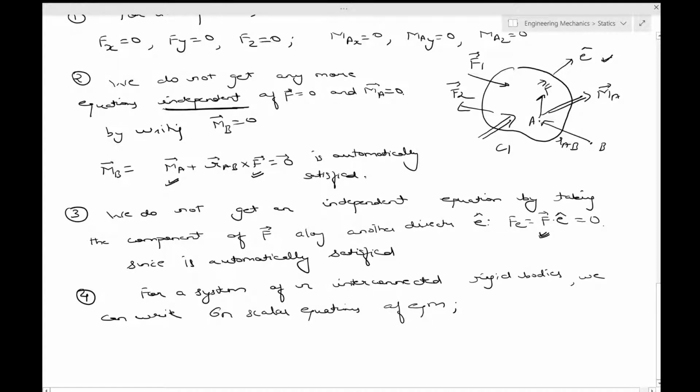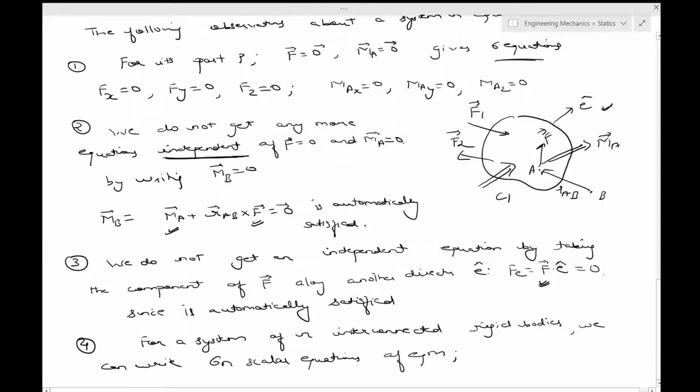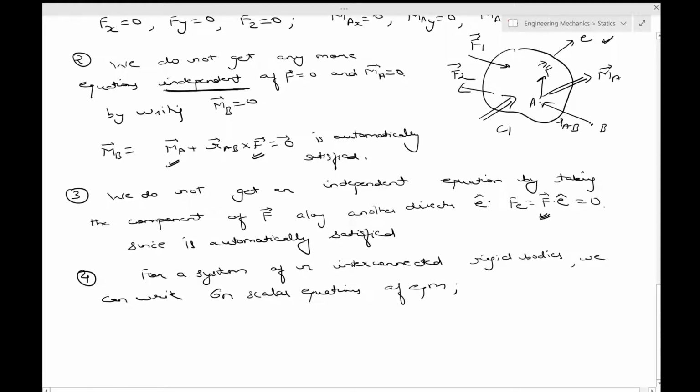The reason is that you can write six equations for each body, and for n bodies it would be 6n equations.